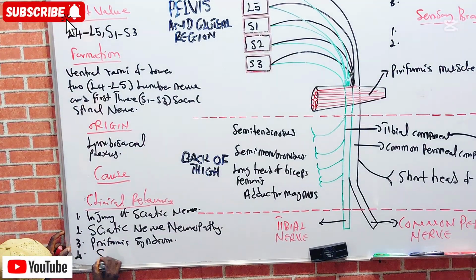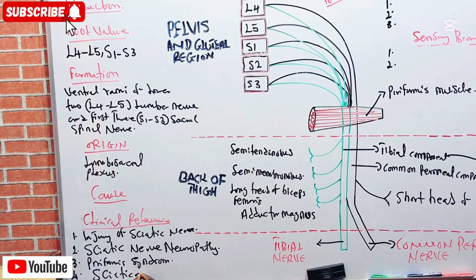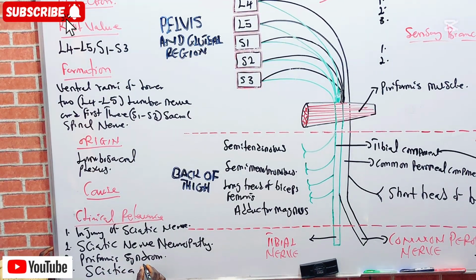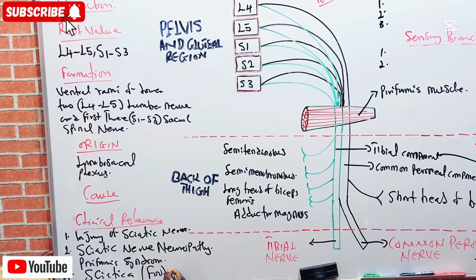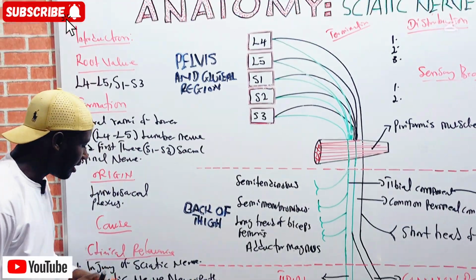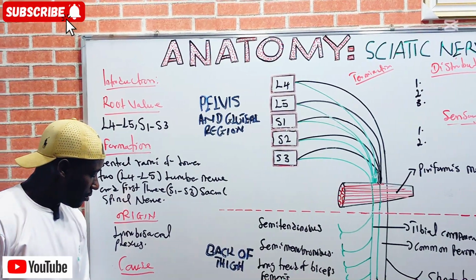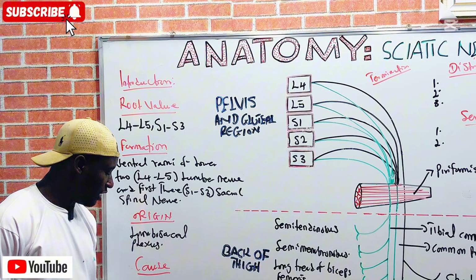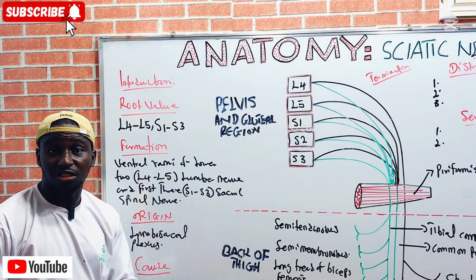The next is sciatica, or foot drop. You have to understand that when there is paralysis of the sciatic nerve, it could lead to sciatica, which is foot drop.